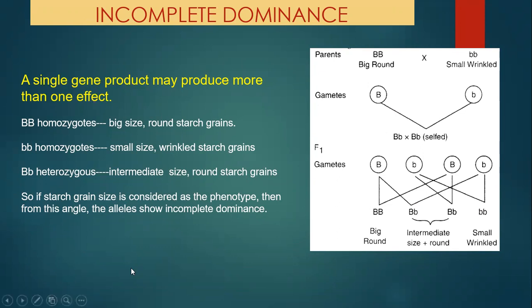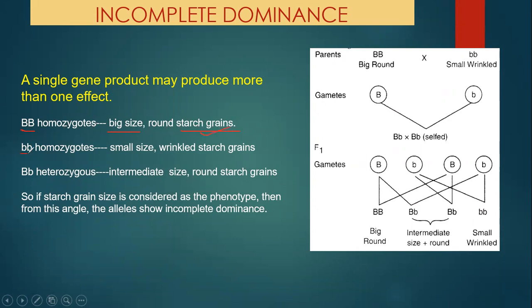For example, if you have capital B, this capital B is not only controlling the synthesis of a starch grain, but it is also controlling the size. If both the alleles are homozygous, capital B, then big sized starch grains would be produced.